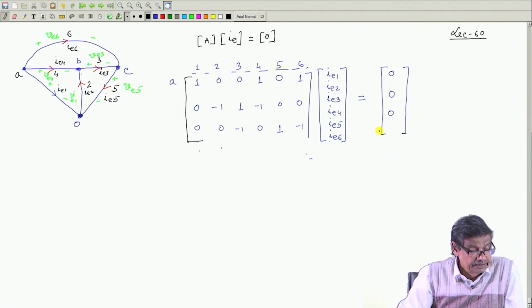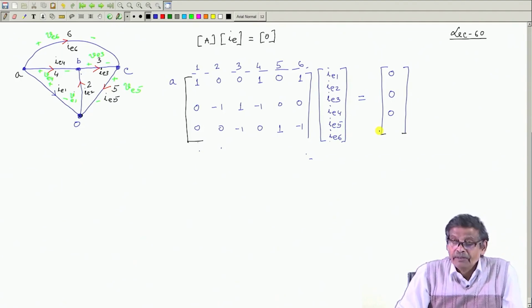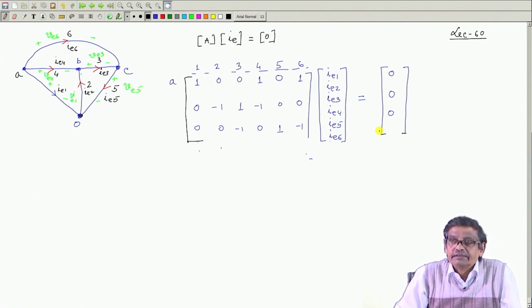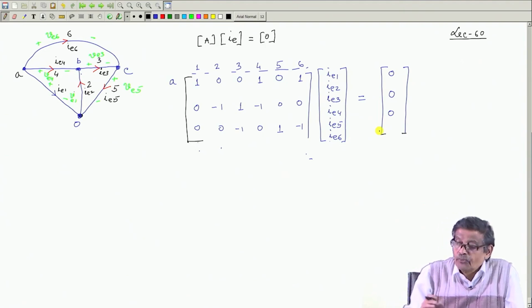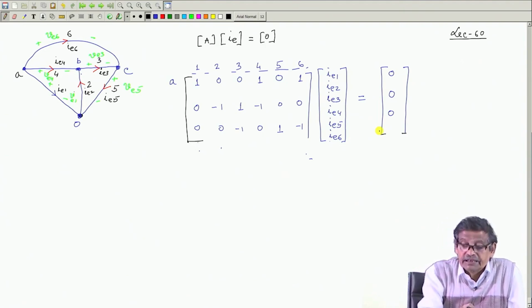Generally, KCL we write while solving networks by nodal analysis. When we want to solve the network by applying nodal analysis, we write down the KCL at different nodes.